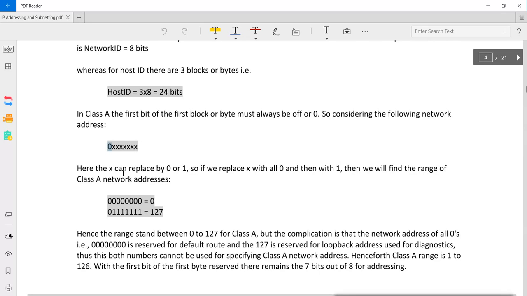So here the x can be replaced by 0 or 1. If we replace x with 0 and then the rest with 1, we will find the range of class A network addresses, and that is from 0 to 127. So actually the class A range starts from 0 to 127.